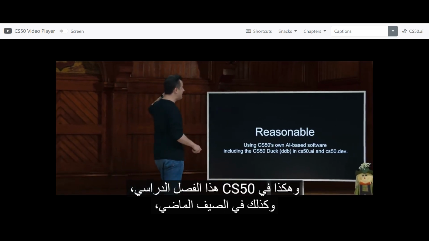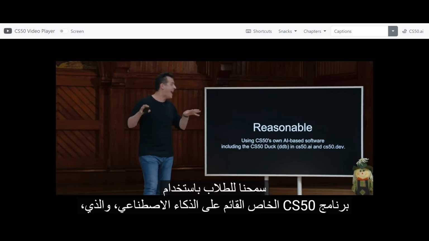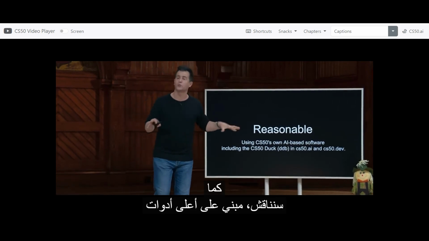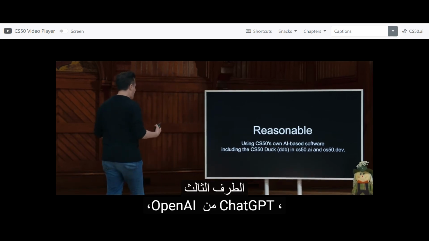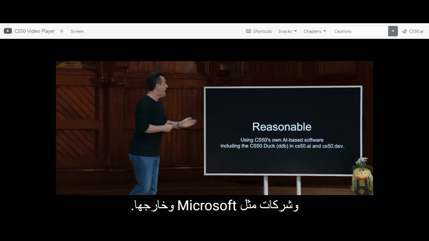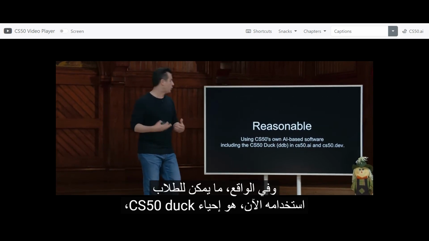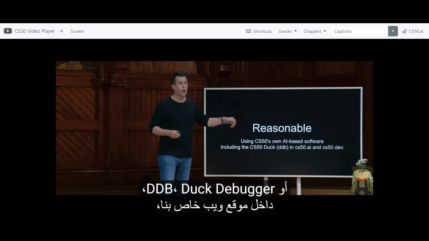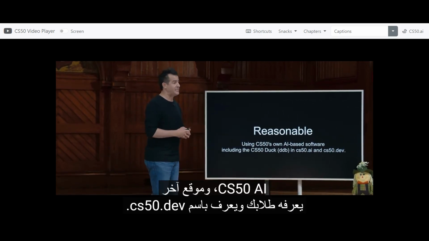And so within CS50 this semester, as well as this past summer, have we allowed students to use CS50's own AI-based software, which are in effect, as we'll discuss, built on top of these third-party tools, ChatGPT from OpenAI, companies like Microsoft and beyond. And in fact, what students can now use is this brought to life CS50 Duck, or DDB, Duck Debugger, within a website of our own, CS50.ai, and another that your students know, known as CS50.dev.